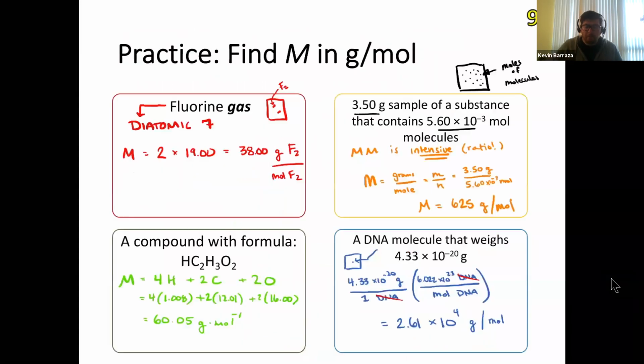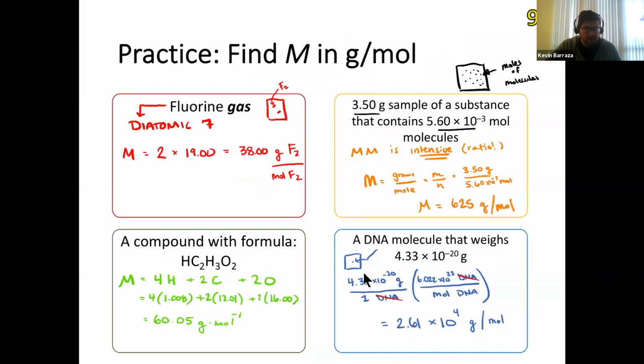So again, molar masses can be calculated a number of ways, and this slide demonstrates the 4 different ways. We can ask the question, find the molar mass, but each of these is not interchangeable, meaning you can't pick and choose. Each one of these boxes represents how to do it given a certain kind of information.